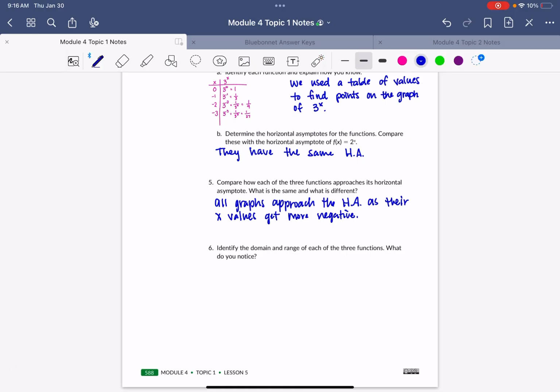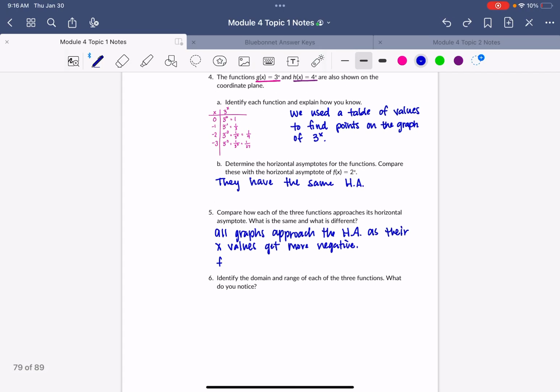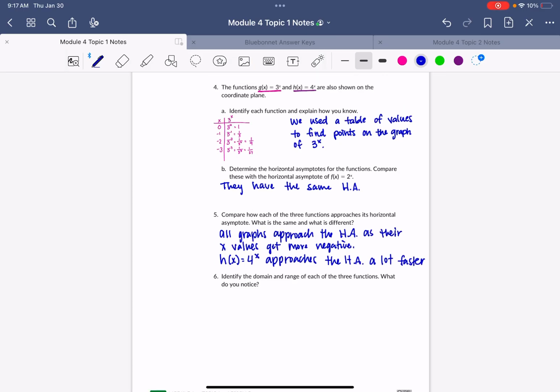Let's say, no, h of x, isn't it? Yeah. So h of x equals 4 to the x approaches the horizontal asymptote a lot faster. Okay, identify the domain and range for each of the functions and what have you noticed.